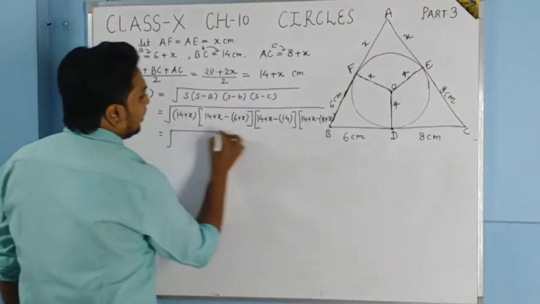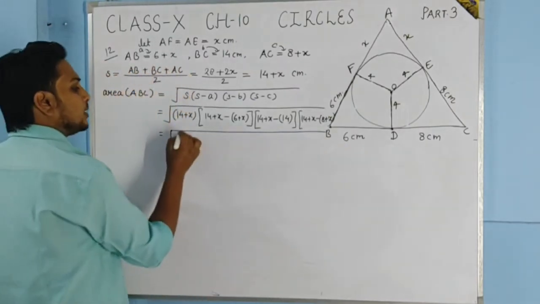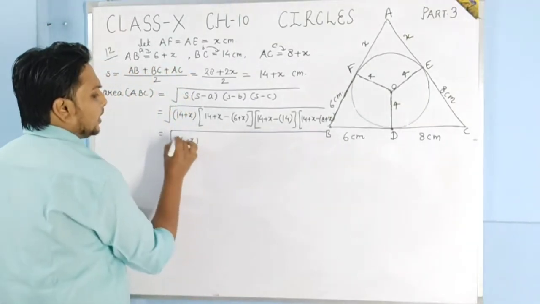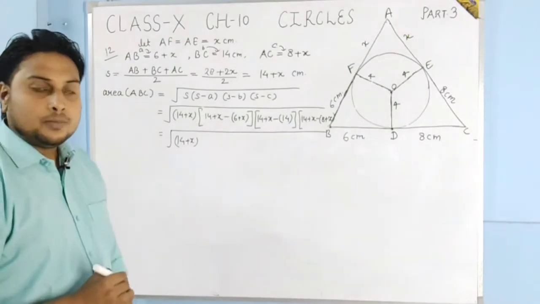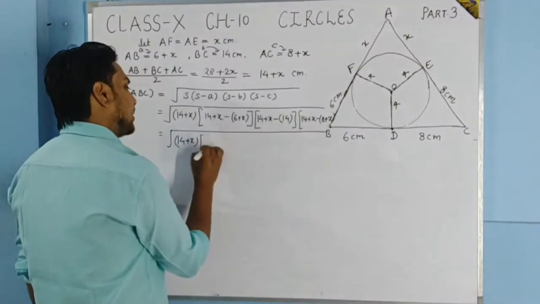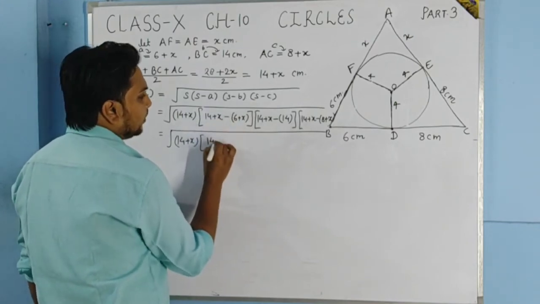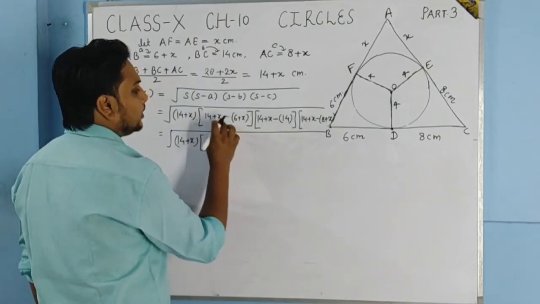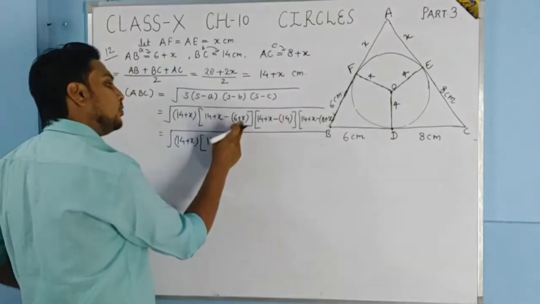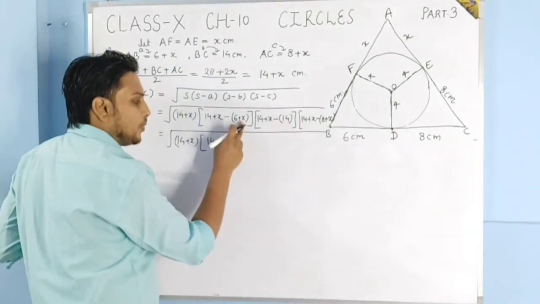Now we'll simplify it. When we simplify, what do we get? 14 plus x is there. In the second bracket, when you open it, 14 plus x, this plus x will be changed into minus x.